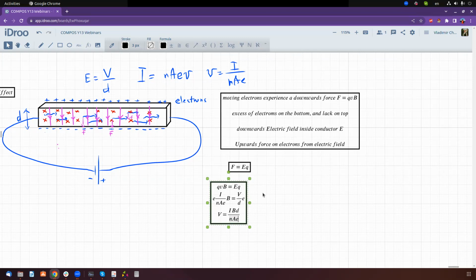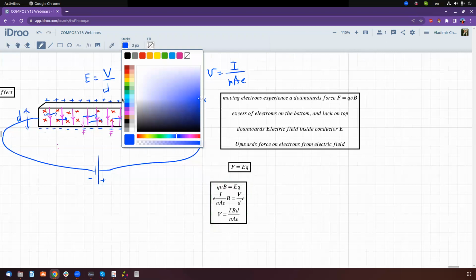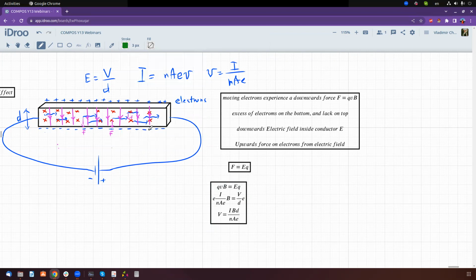That's the voltage. If you connect a voltmeter on the bottom and top like this, what you can do is make a device that measures a magnetic field.